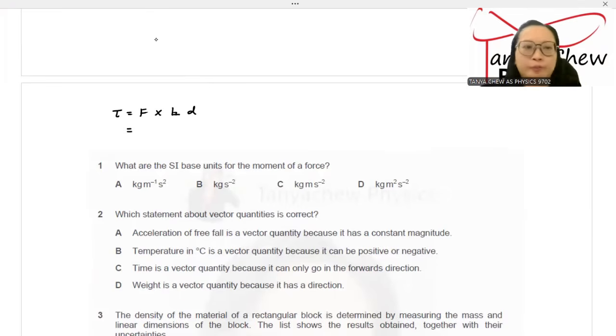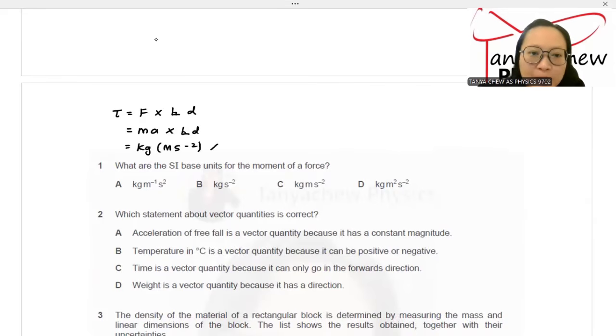F, what do you remember? F is equal to MA. Just write down whatever equation that you remember. Perpendicular distance is just distance. M is the mass, and the standard international unit of mass is kilogram. Acceleration has the unit meter per second square, multiplied by perpendicular distance.